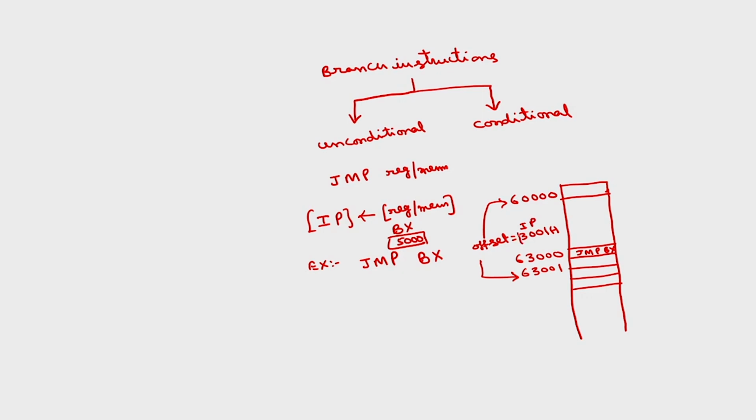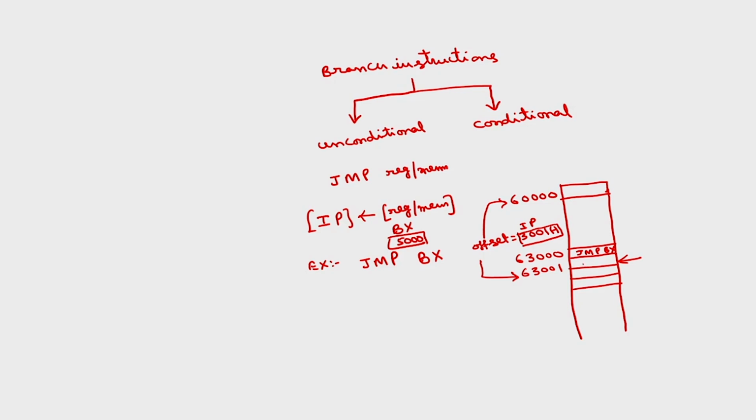The instruction pointer contents become 3001 H, which I have explained in the earlier classes also. So the instruction pointer always holds the address of the instruction which is to be executed next. So this instruction needs to be executed next. If this is not a jump instruction, the microprocessor is supposed to execute this instruction, whose offset is 3001, and that will be held by the instruction pointer.